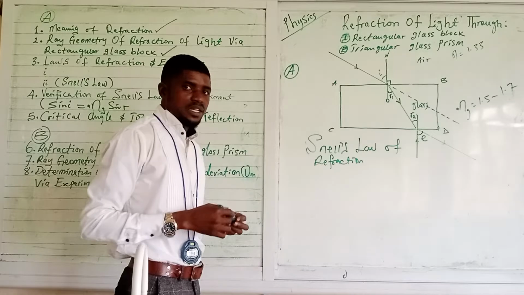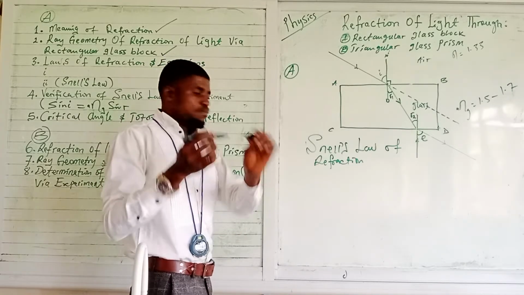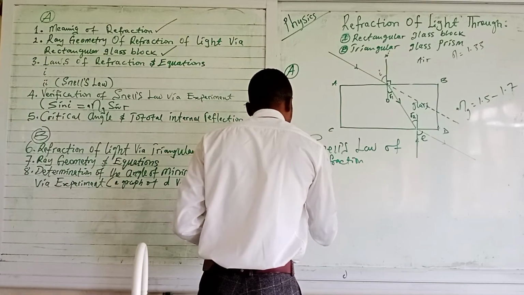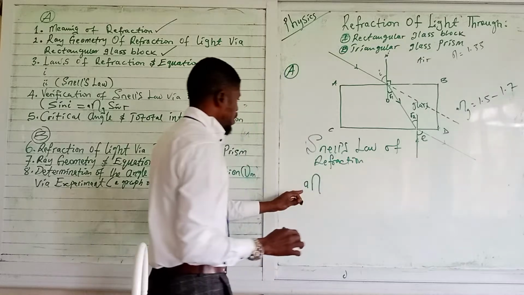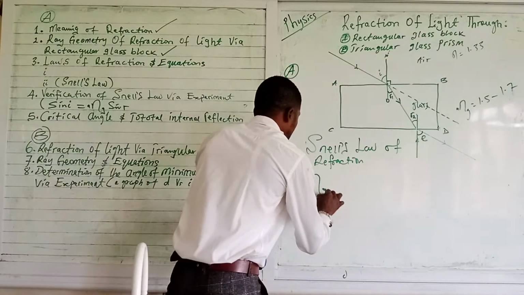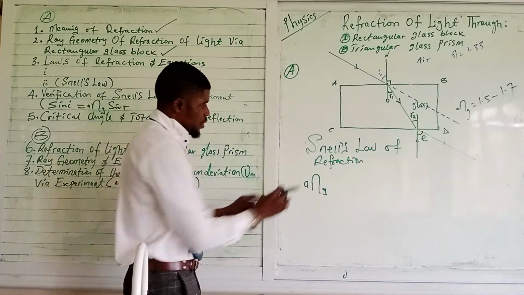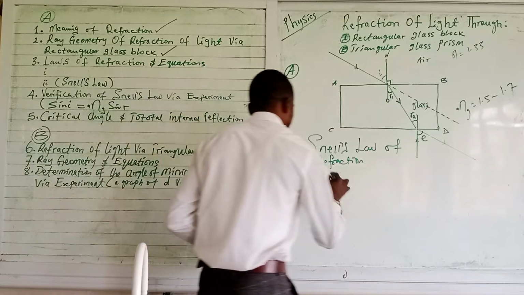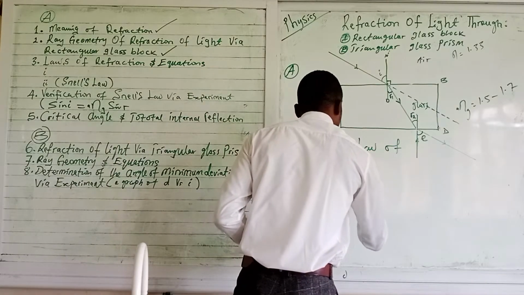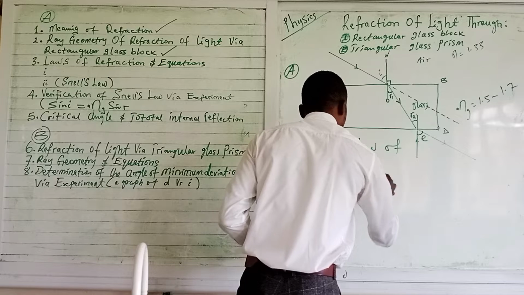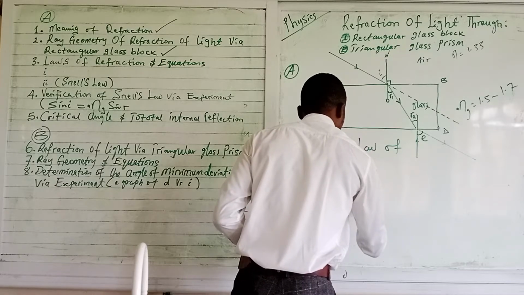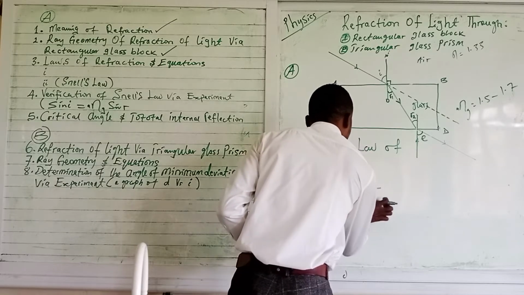What that law says mathematically is given as: the refractive index of air with respect to glass is equal to the ratio of the sine of the angle of incidence to the sine of the angle of refraction.